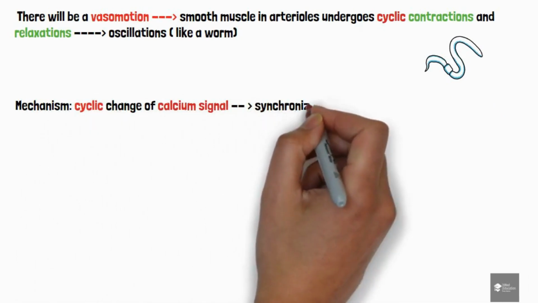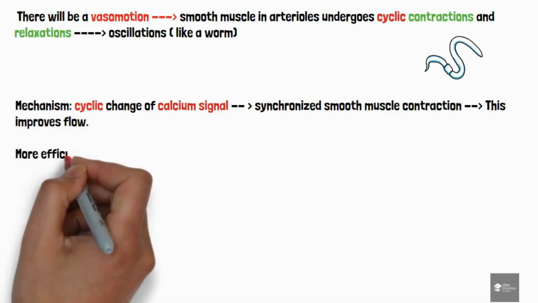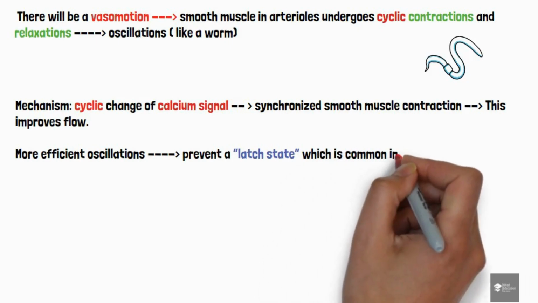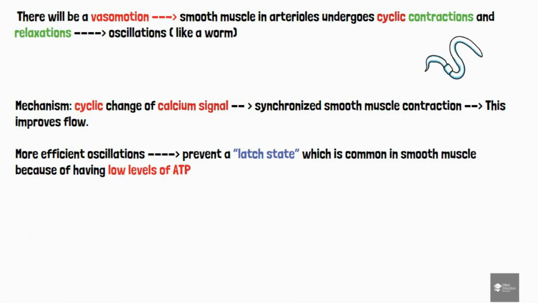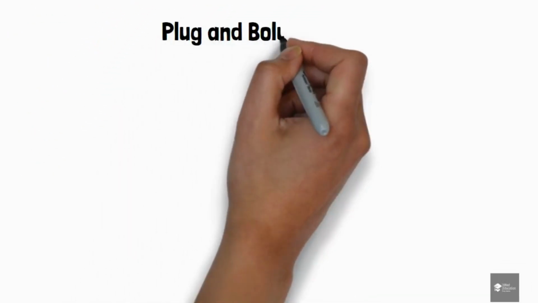And what is the mechanism? Cyclic change of calcium signals causes synchronized smooth muscle contraction, and these contractions improve the flow. More efficient oscillation prevents latch states, which are common in smooth muscle because of a low level of ATP.